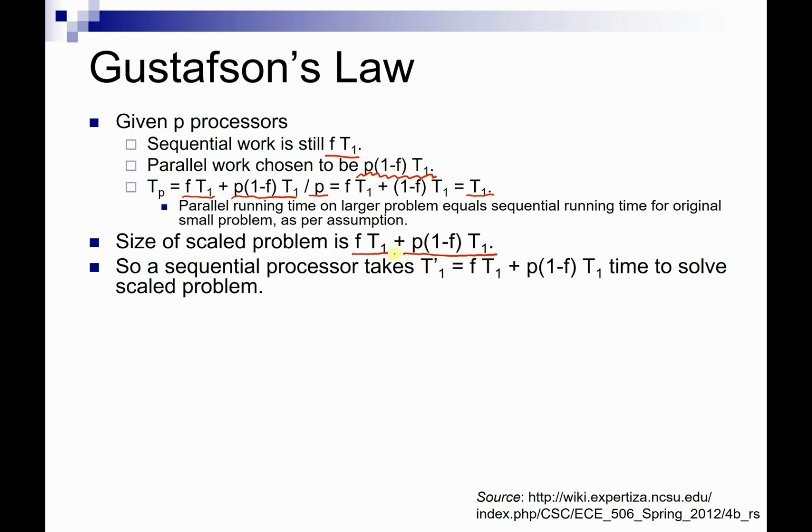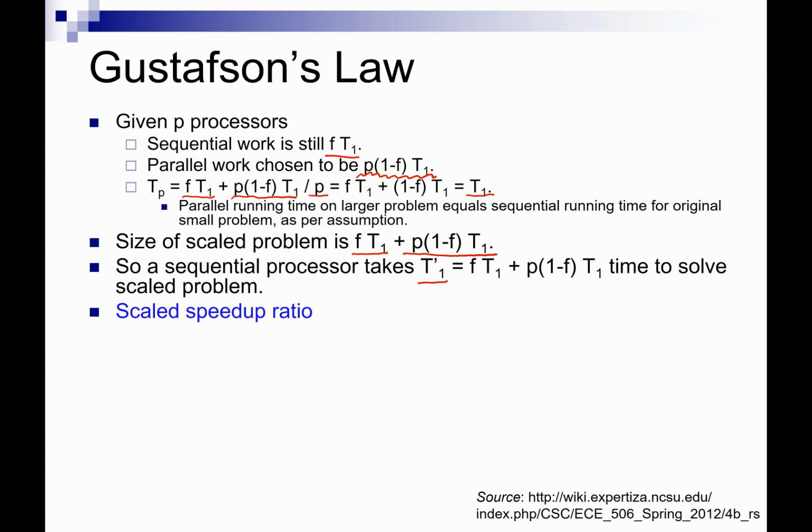Well, it takes exactly the sum of these two quantities, because this is the size of your scaled problem. And if you only have one processor, then your running time is exactly equal to your problem size. So for the scaled problem, the sequential running time, which we denote by T prime of 1, is going to be this expression over here.